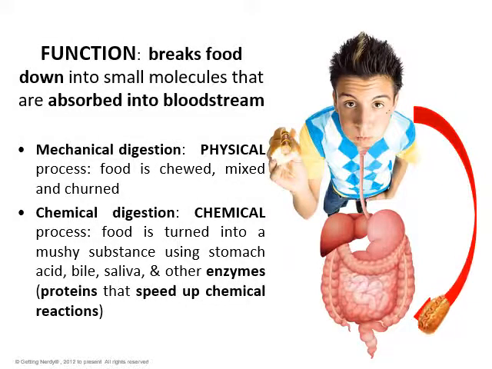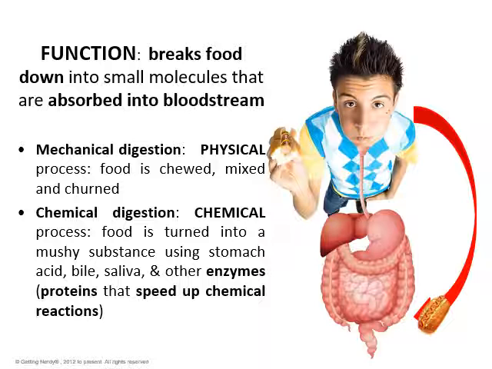The function of our digestive system is to take the food we eat daily and break those nutrients down for our bodies to use for fuel and to help our bodies maintain homeostasis. This function occurs when our food breaks down into small molecules that are then absorbed in our bloodstream.